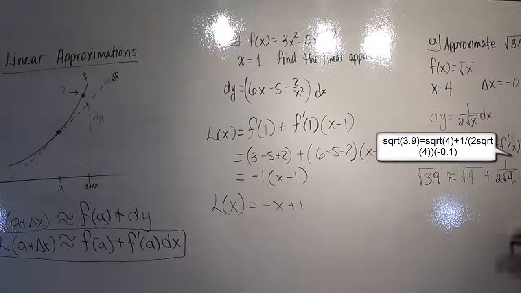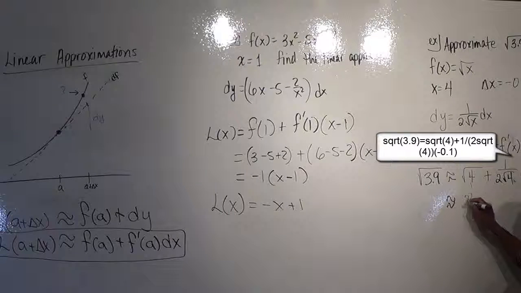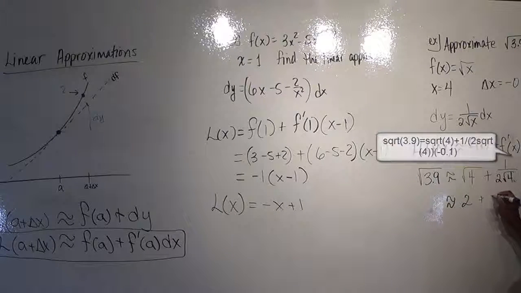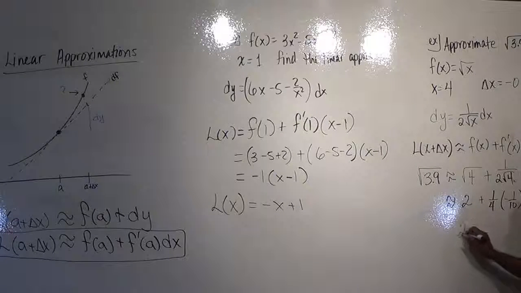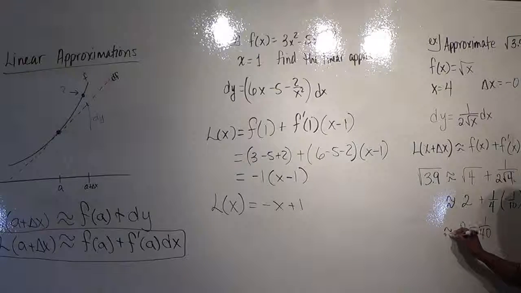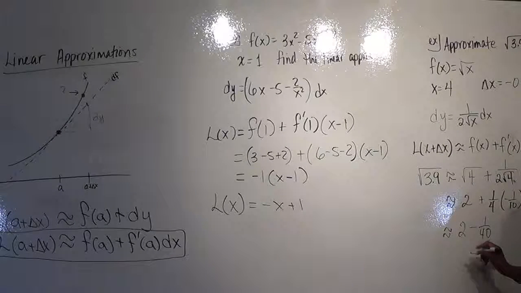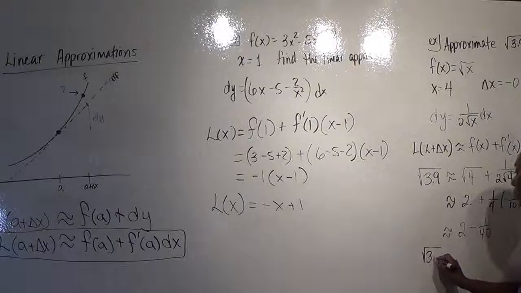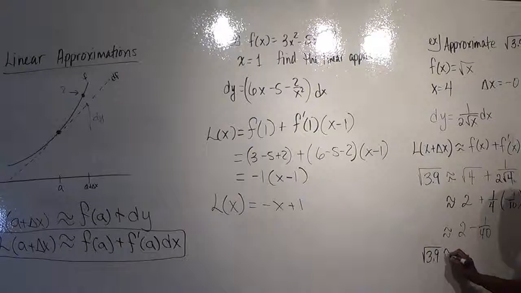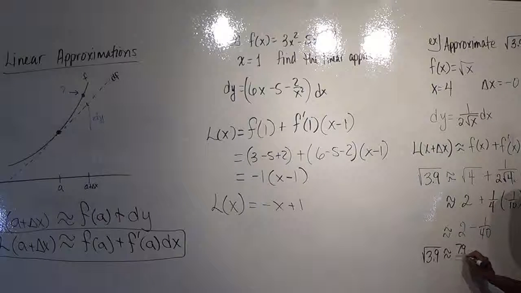Okay, so my approximation is going to look like 2 plus a fourth. To keep my fractions nice, I'm just going to change this to a 1/10. Again, simplify where you can, so it looks like 2 minus 1/40. We can get a common denominator, so 80 minus 1 says that the square root of 3.9 is going to be approximately 79 over 40.